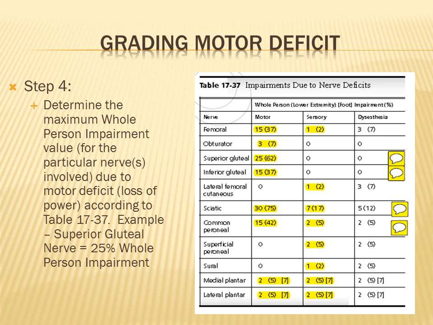And you'll notice that according to Table 1737, there is no sensory impairment provided for damage to the superior gluteal nerve. It's simply for the loss of function, particularly in ambulation, that results from an injury to the superior gluteal nerve.